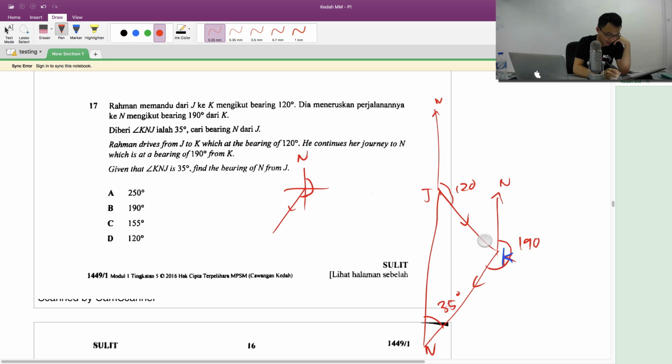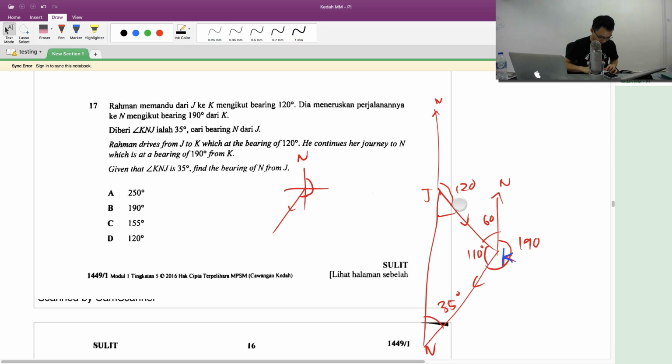The north here is 60 degrees, so I can know the angle inside here. The angle inside here is 360 minus 60, then it's 300. So here will be 110. You just use 360 minus 60 minus 190, you get 110.